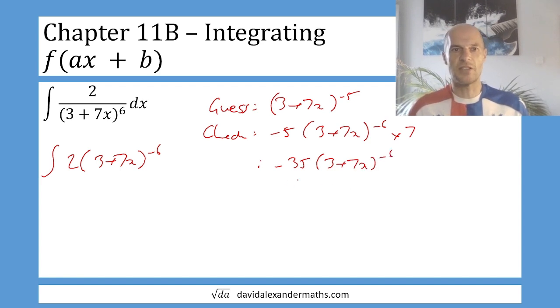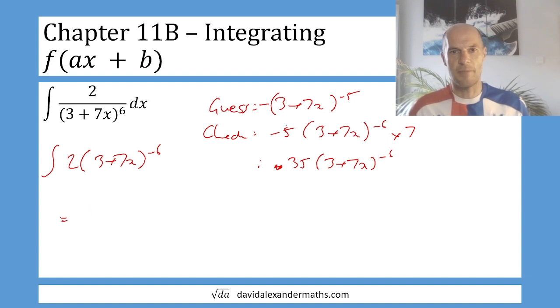And we didn't want minus 35, we wanted 2. So first of all, we've got a negative number, not a positive number, so if I make this negative, at least that will turn it into a positive 35. That's a step in the right direction. But we've got 35 when we needed 2, so we need 2/35 of this, because 2 over 35 times 35 will give me 2.